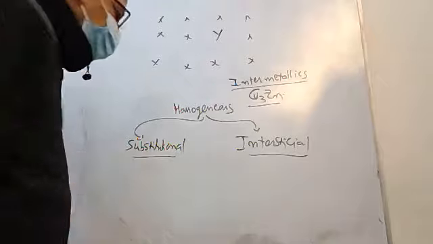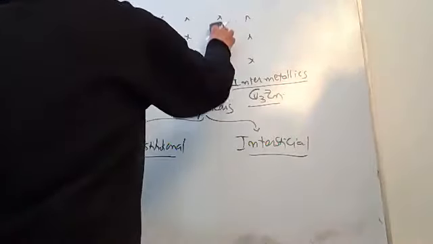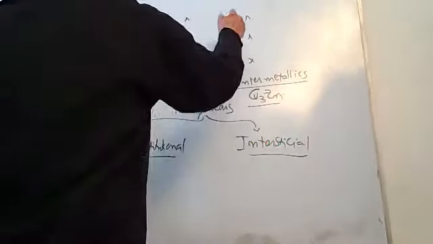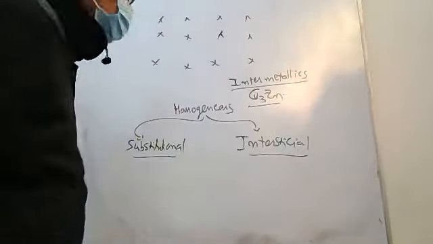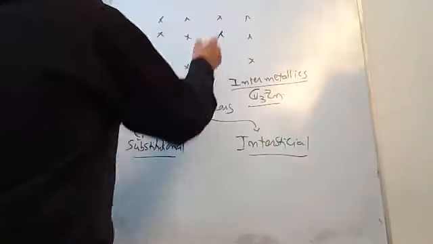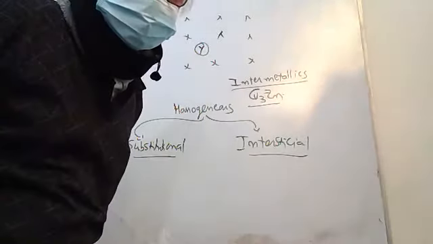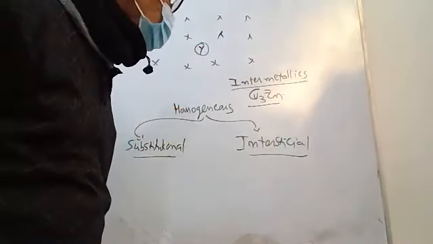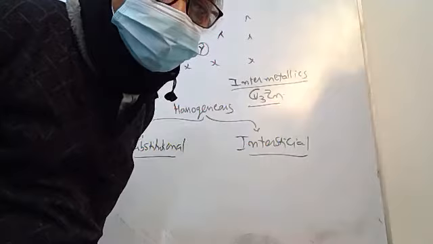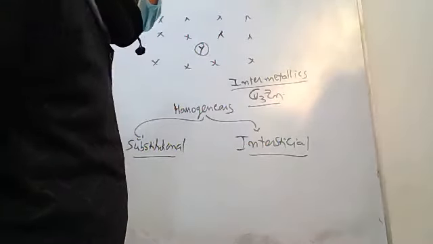On the other hand, sometimes when you add a guest atom to the host matrix, the guest atom might occupy a space in between, in which case we call that an interstitial solid solution. So both types are possible.